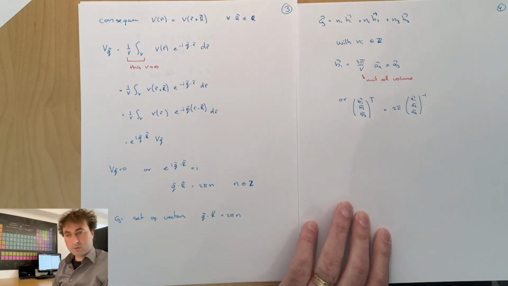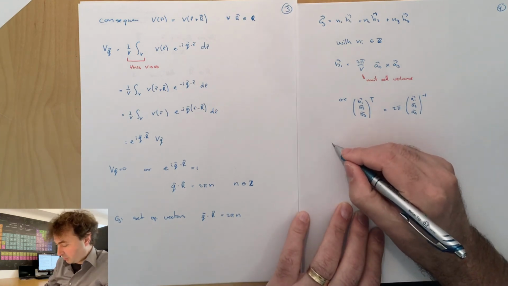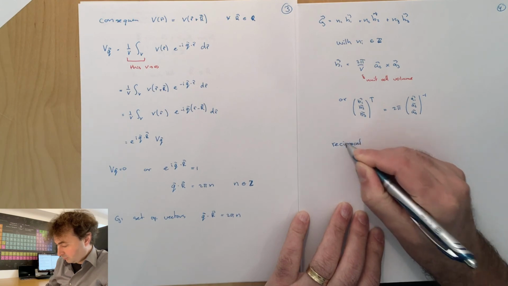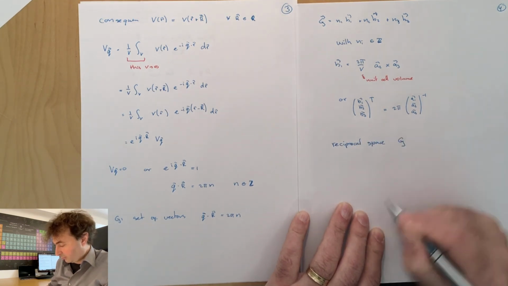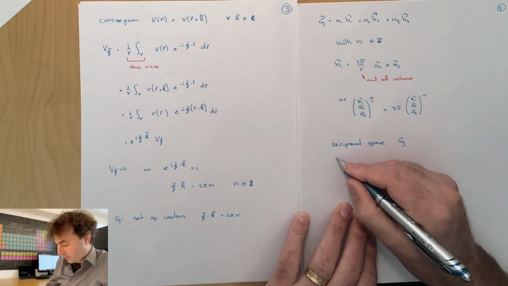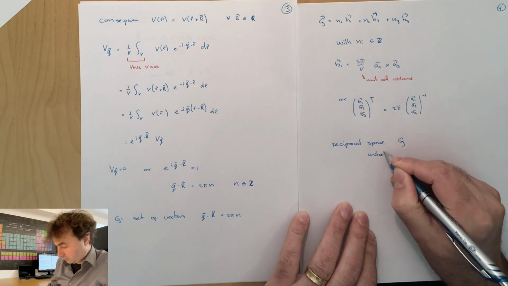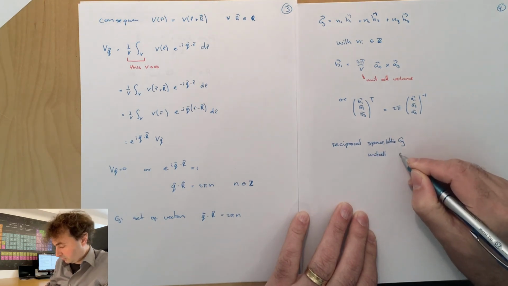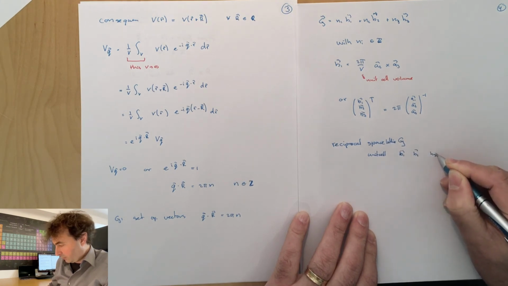So each lattice in real space comes with a lattice in reciprocal space, and a unit cell defined by b1, b2 and b3.